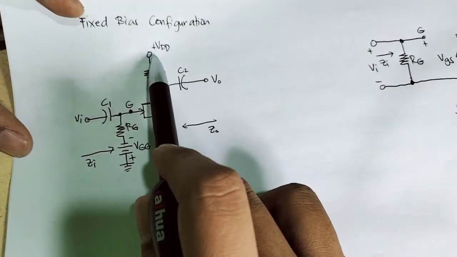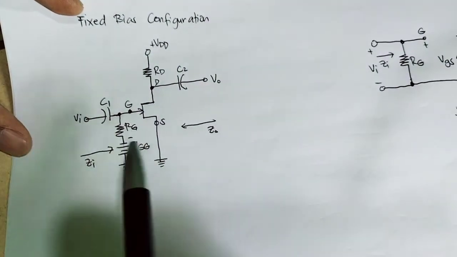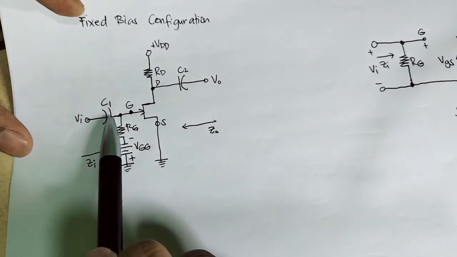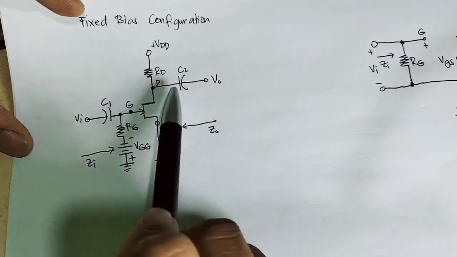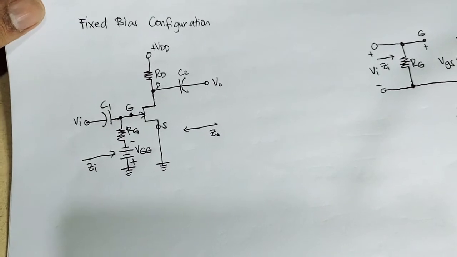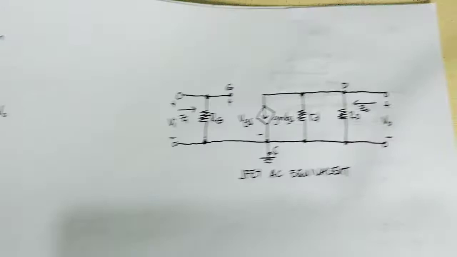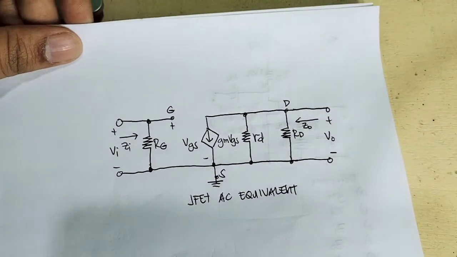So as you can see, V DD will be connected to the ground, the V GG will also be connected to the ground, and the capacitors will be shorted. By applying those steps, we have this JFET AC equivalent circuit.